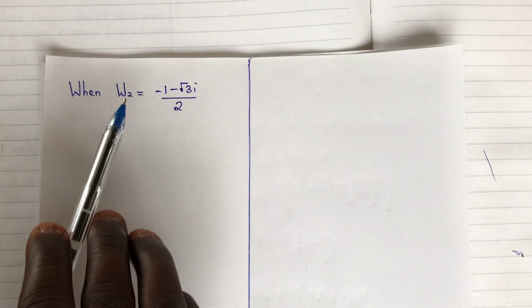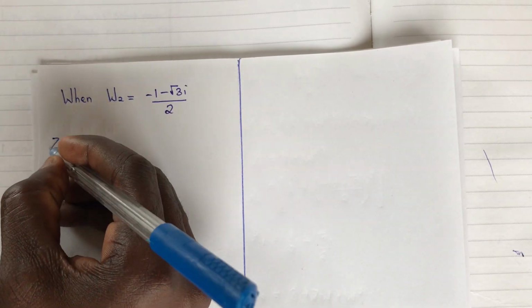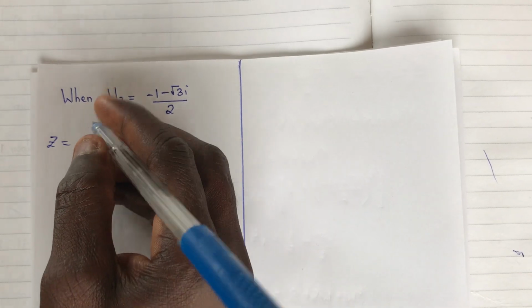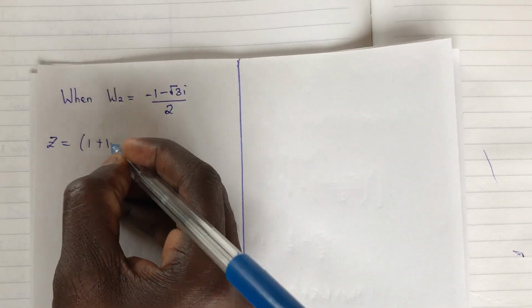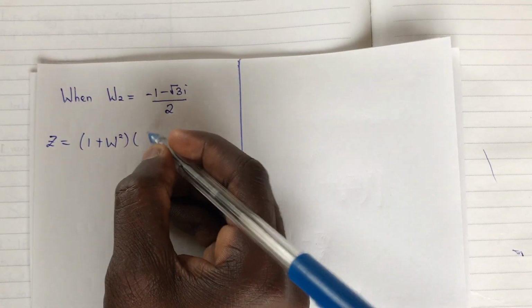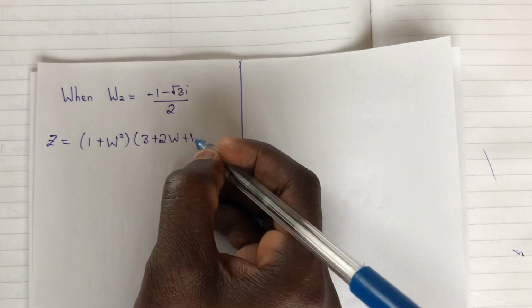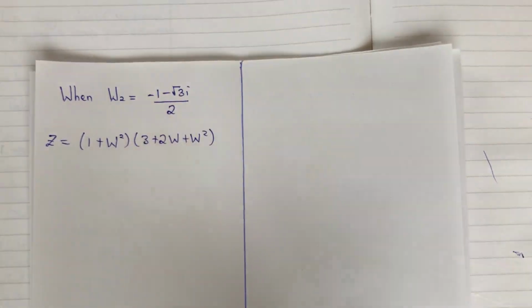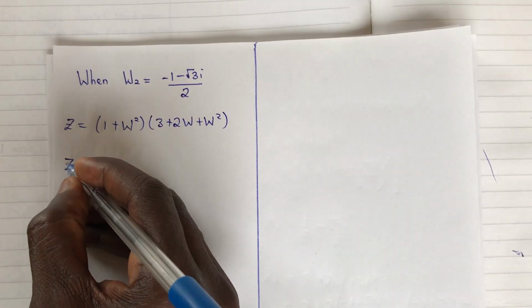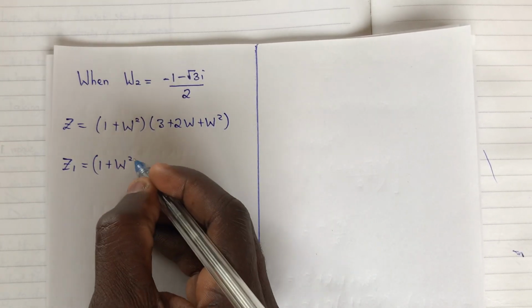So when you consider W2, which is the negative, we are working for Z equal to 1 plus W squared multiplying 3 plus 2W plus W squared. So let Z1 be equal to 1 plus W squared.